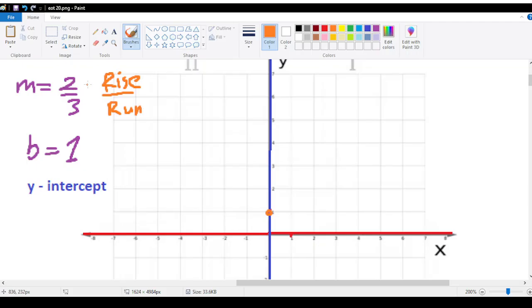Now we have to rise how many units? 2. And we will run how many units? 3. So we are here, Shamsa. Let's rise 2 units. 1, 2. So we reach this level. Then we need to run. So I'm going to go forward. 1, 2, 3. This is the new point.